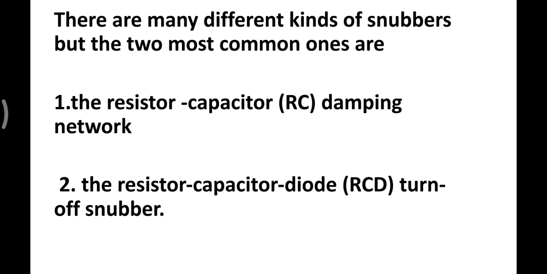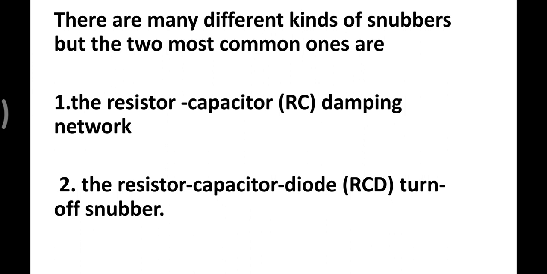Next, there are different kinds of snubber circuits. There are so many types of snubber circuits. Out of these we are considering only two: the RC capacitor damping network, and the second one is the resistor capacitor diode turn-off snubber. So mainly these two are considered.